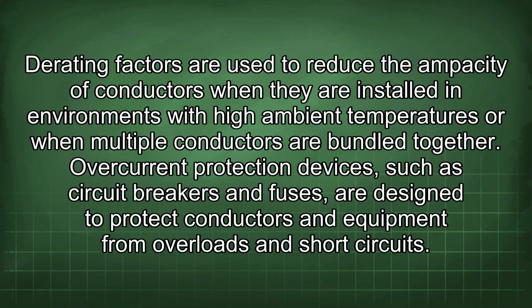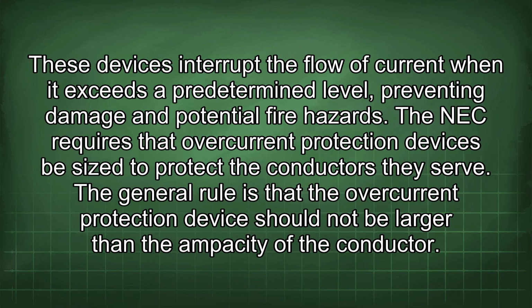Overcurrent protection devices, such as circuit breakers and fuses, are designed to protect conductors and equipment from overloads and short circuits. These devices interrupt the flow of current when it exceeds a predetermined level, preventing damage and potential fire hazards. The NEC requires that overcurrent protection devices be sized to protect the conductors they serve.